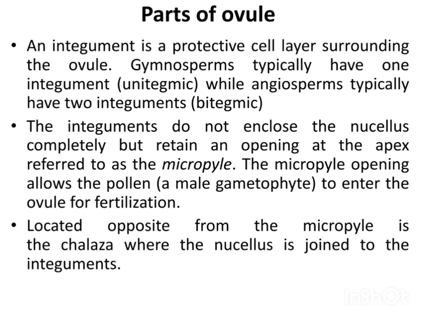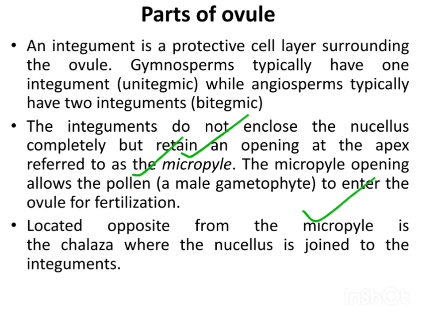Next, parts of the ovule. There are one or two protective coverings called integuments. Then it encloses a parenchymatous tissue called nucellus. The integument does not enclose the nucellus completely, but it has an opening called the micropyle, which allows pollen grains to enter the ovule for fertilization.